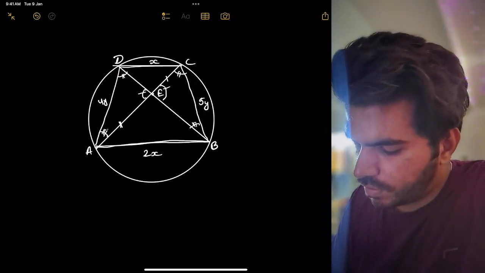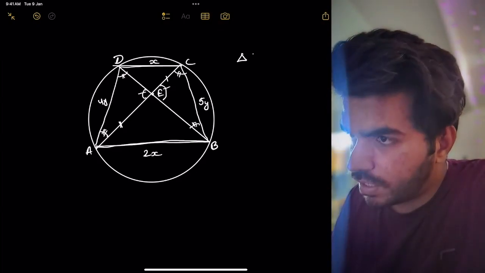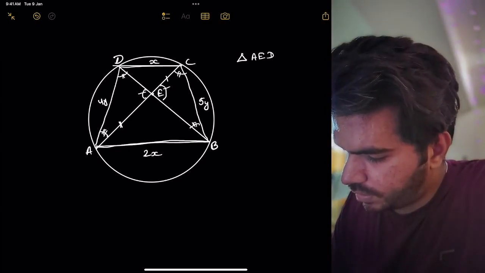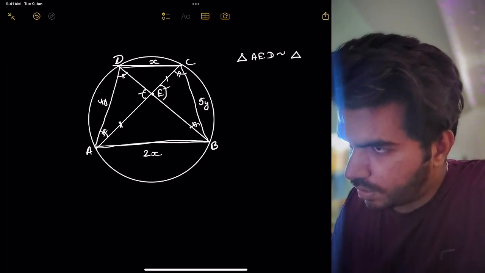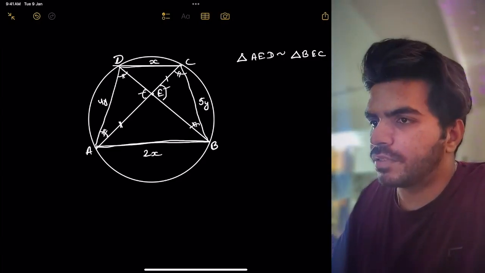So since all three angles are correspondingly equal, we can say triangle AED is similar to triangle BEC.